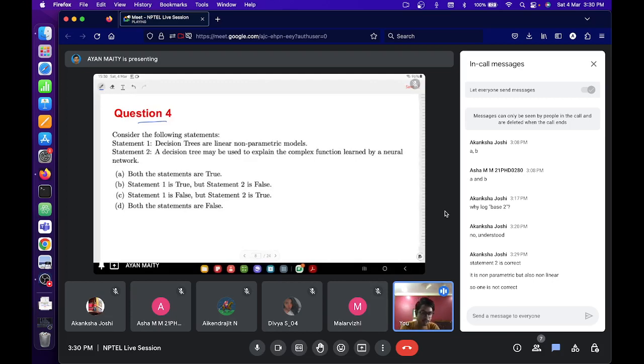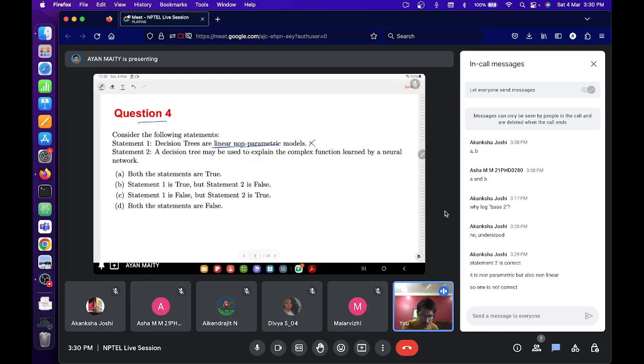Akanksha has written it is not linear, but non-parametric. Yes, statement 1 is certainly not correct. It is not linear for sure, but it is non-parametric. So the non-parametric part is correct, but it is not linear. So statement 1 is not correct.